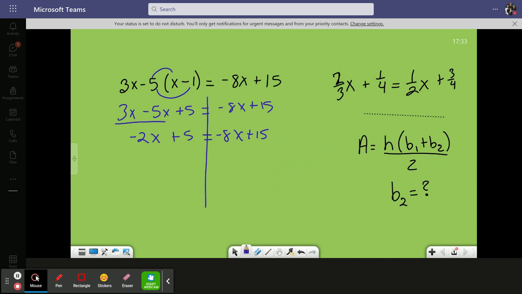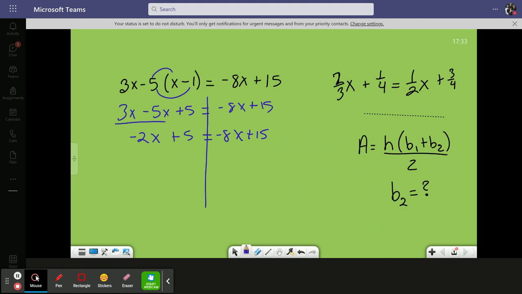Now I'm still in the like term stage here. I'm still in the like terms, but this time my like terms are on opposite sides, so I can't just combine them, right?